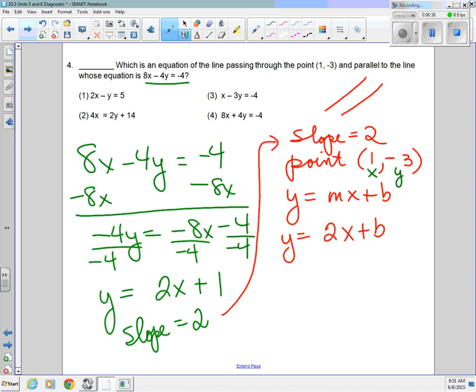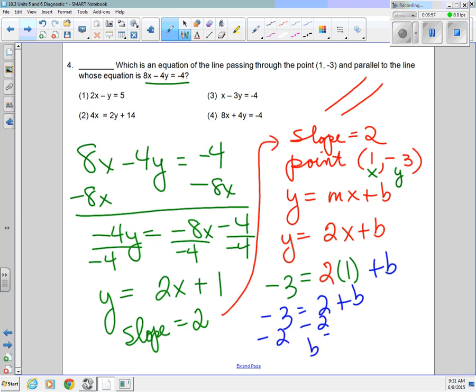So if I plug in negative 3 for y and 1 for x, I can then solve for b, which is the y-intercept. I can algebraically find it. So I have negative 3 equals 2 plus b, and subtract 2, and b is negative 5. So I know my equation would be y is equal to 2x minus 5.